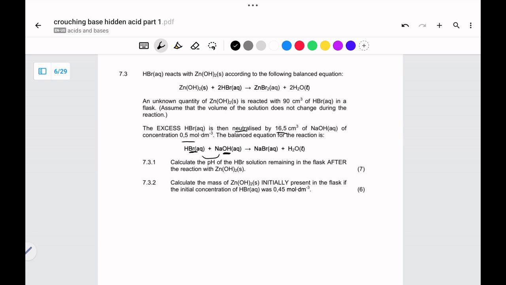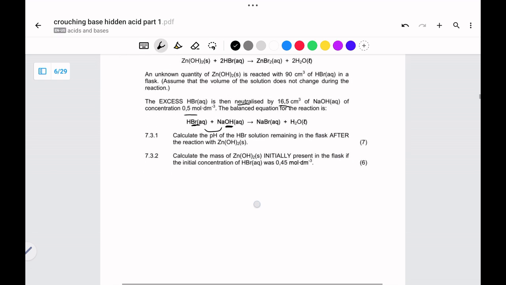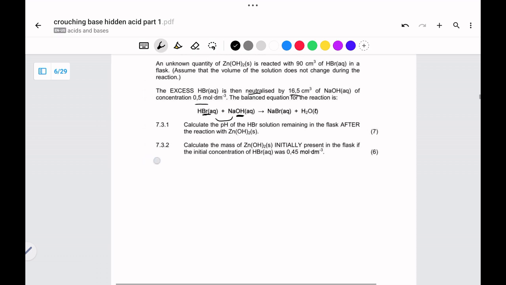And then we can just get the concentration. You could use the titration formula, and I do actually want to use the titration formula here, but I'm not going to use it simply because I know someone who was told not to use it by their teacher. Okay, so let's have a go.